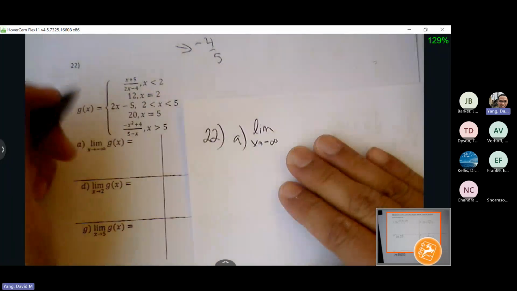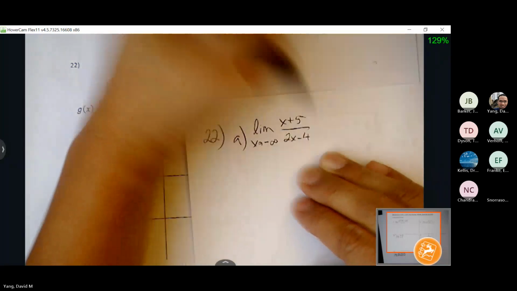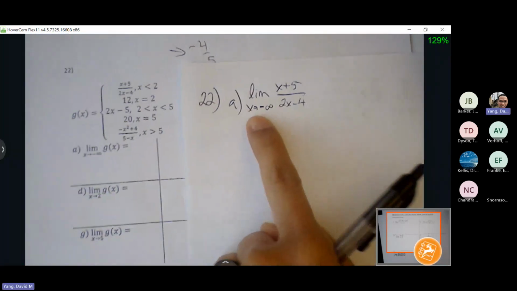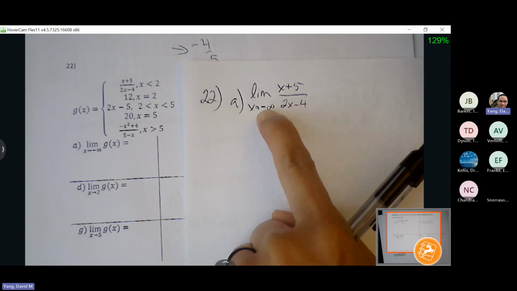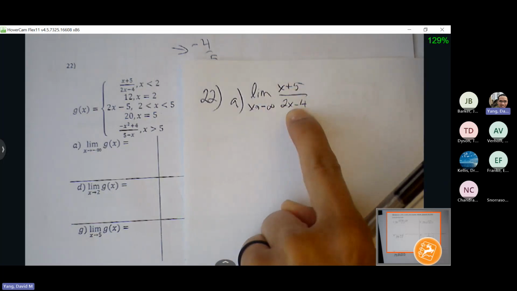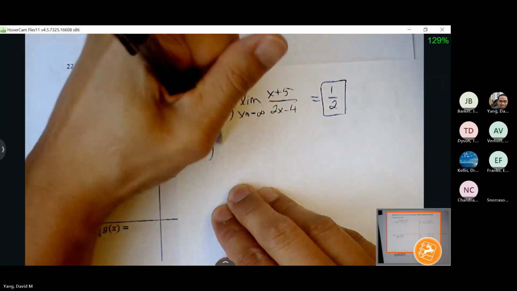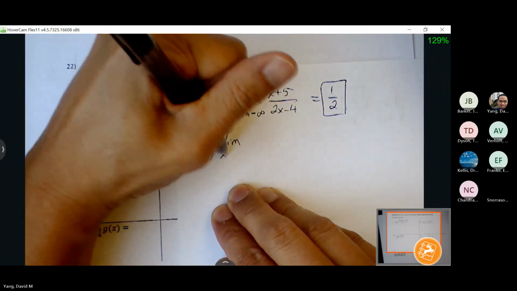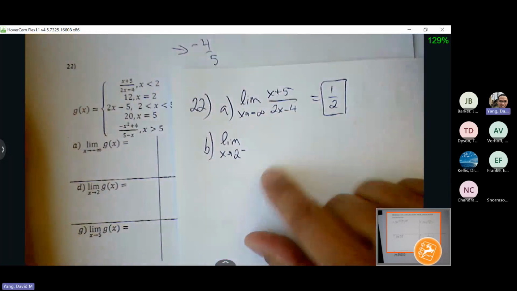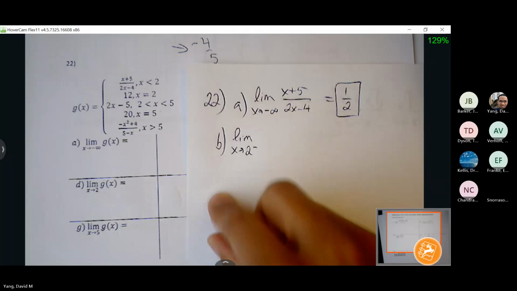That one, yep. What do we do when we see positive or negative infinity? Compare degrees, right? Degree 1, they have the same degree. We take the ratio of the coefficients. All right, 2 from the left. Which one do we choose here? Still the first one.